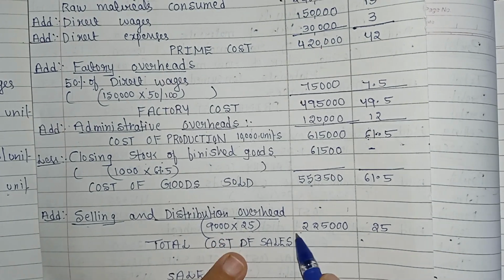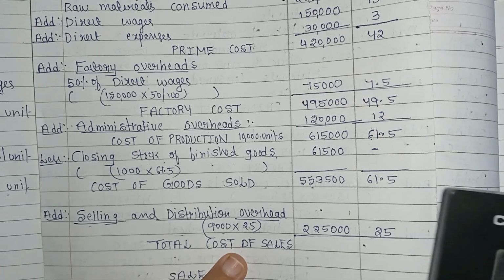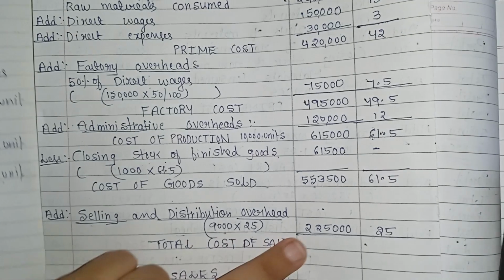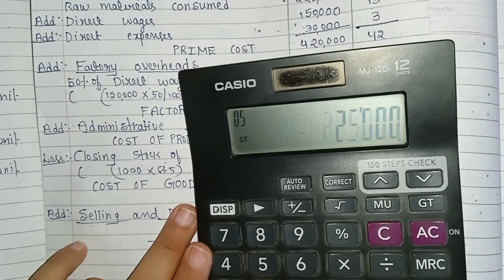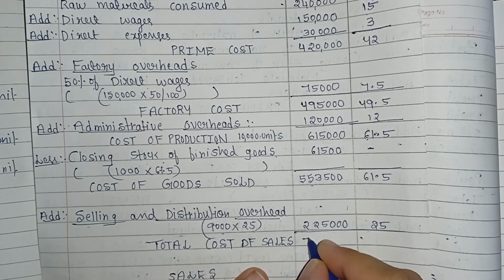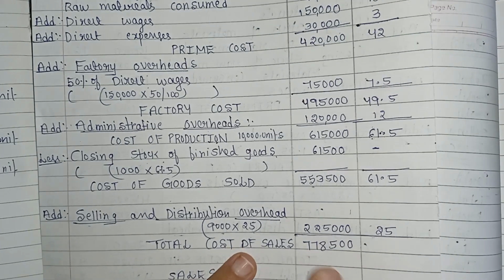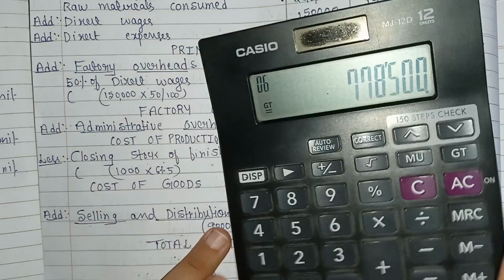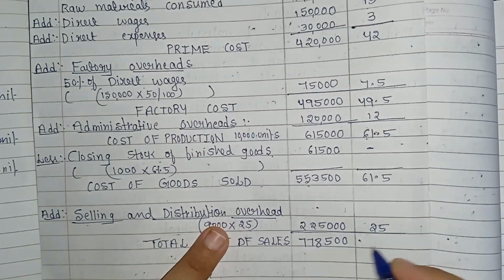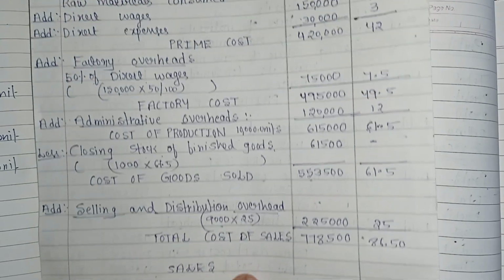Now we add the selling and distribution overheads to the cost of goods sold: 5,53,500 plus 2,25,000 equals 7,78,500. This is our cost of sales. Divided by 9,000, it is 86.50. This is our cost per unit.